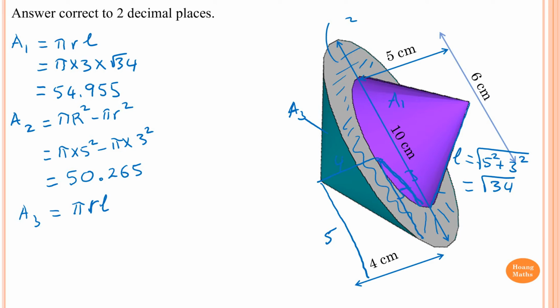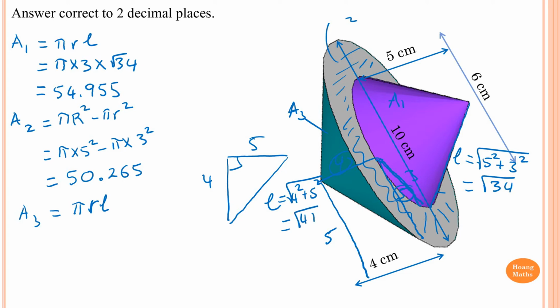If I draw a triangle out, it's easier, like this. So this is 5 here, and the height is 4, and we need to find the slant height. Same thing happens in here. So L equals the square root of 4 squared plus 5 squared. 4 squared is 16, 5 squared is 25, so altogether it's 41. So leave it in exact form, just easier.